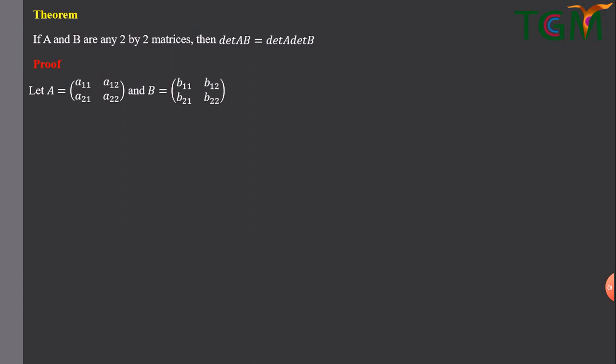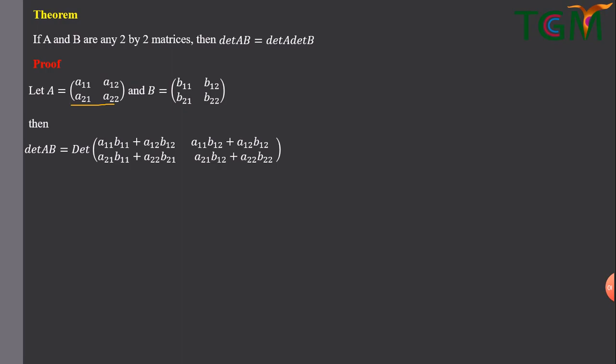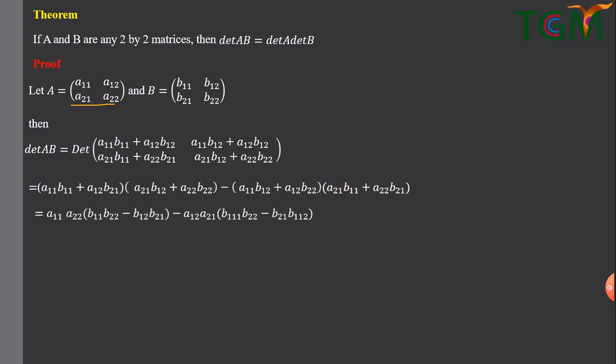If we let A be equal to that matrix and B be equal to that matrix, then the determinant of AB is equal to the determinant of the product of matrices A and B, which is found by multiplying the major diagonal and subtracting the minor diagonal. Expanding this and simplifying it will get us to this answer.